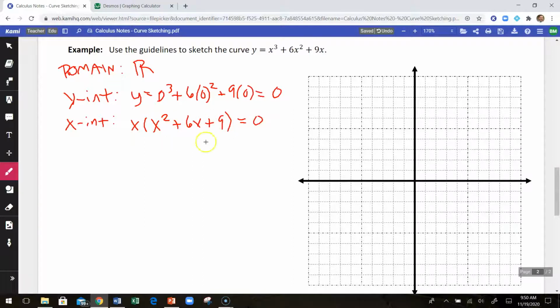This trinomial I can factor into x plus 3 times x plus 3. And so that means that I have x-intercepts at x equals 0 and at x equals negative 3.